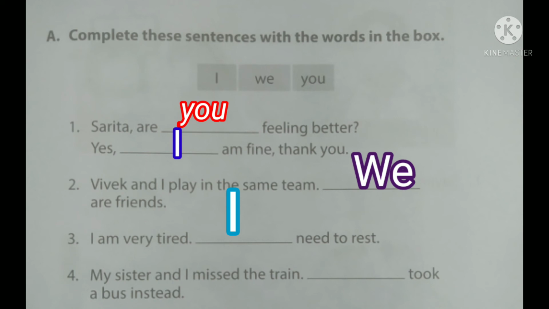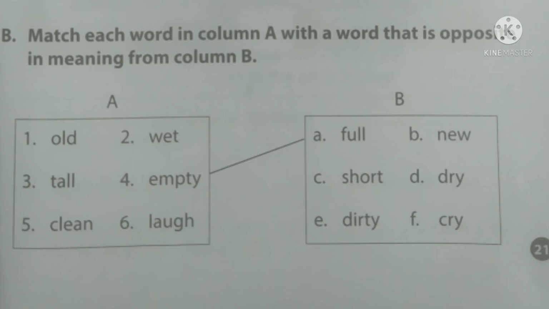So the answer is we. What's the reason? Because I. If I am with some other person, how we address? Yeah, instead of I and that person, we can use we, the pronoun we. Is it understood? Yeah, very good.